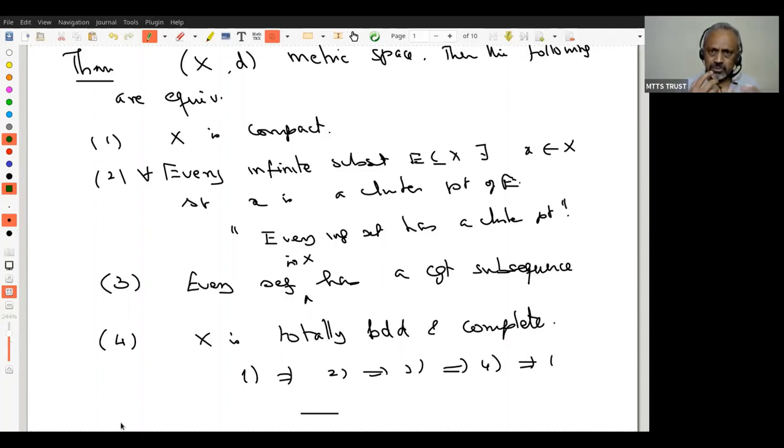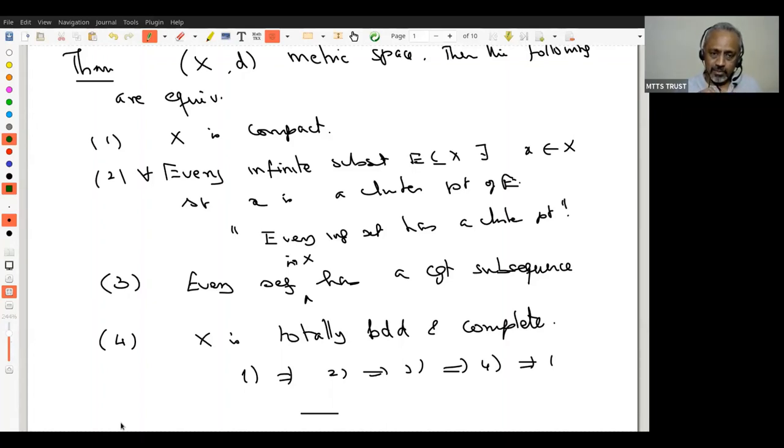So you have to do something with sequences, infinite processes. So what are the things which are very important for analysis? I will tell you. 3 and 4 are the most important characterizations if you want to do analysis. Whenever you have a metric space and compactness, 3 and 4.